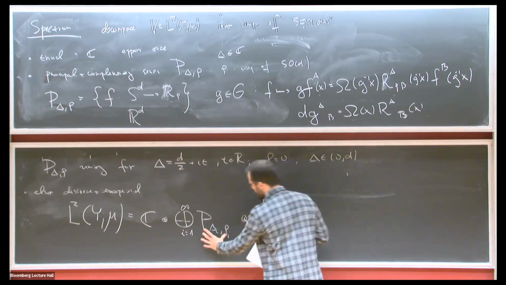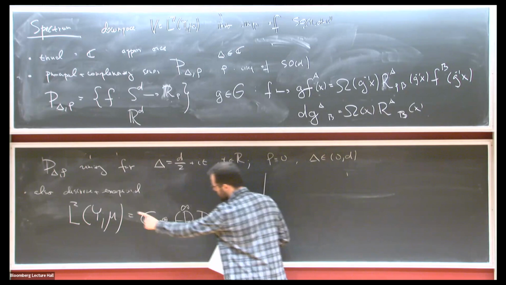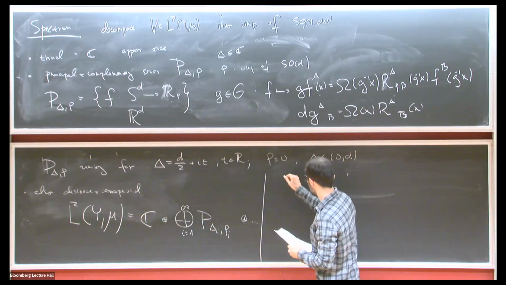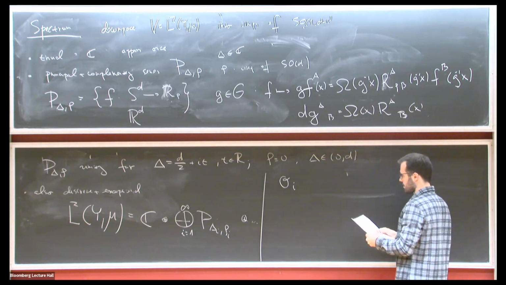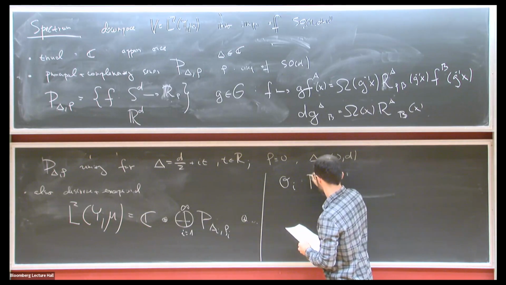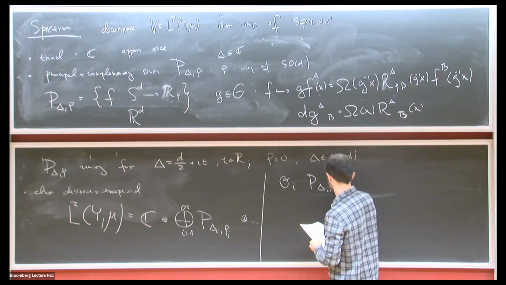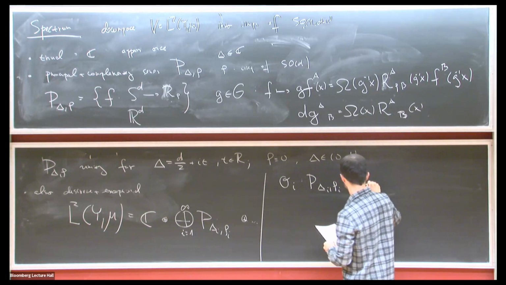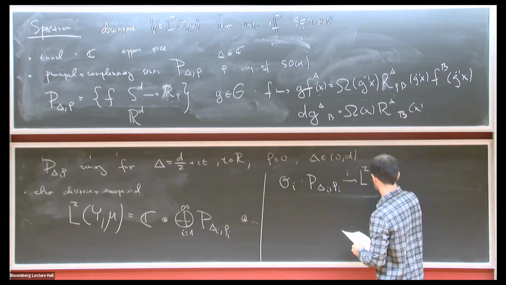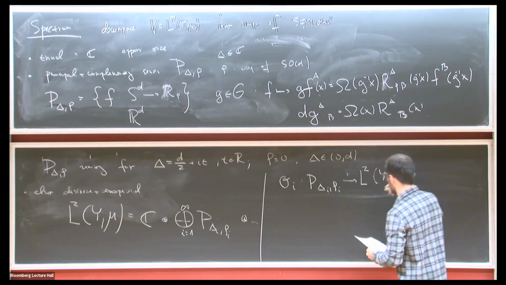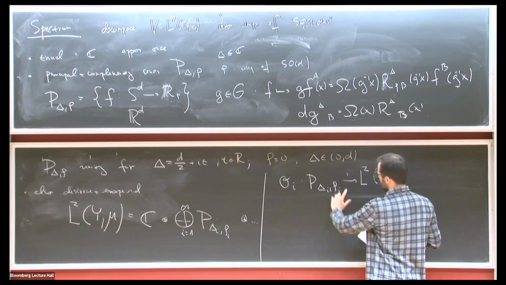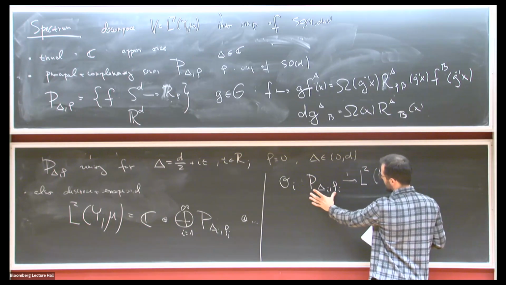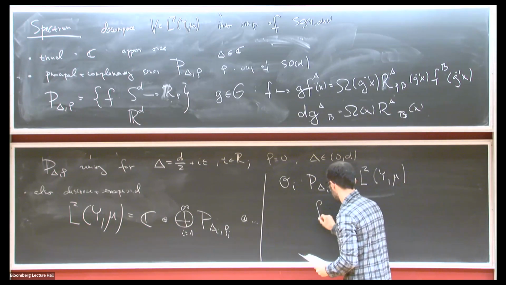But when a representation with delta and rho appears in L2, we can construct this gadget, which plays the role of the local operator for us. It takes an element in here, so the elements here are some functions.